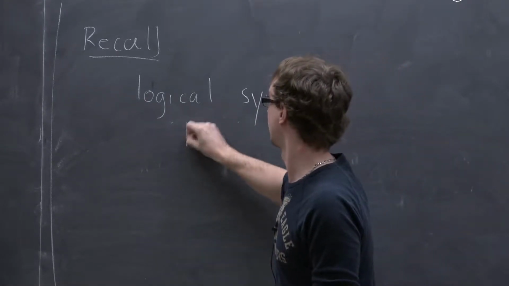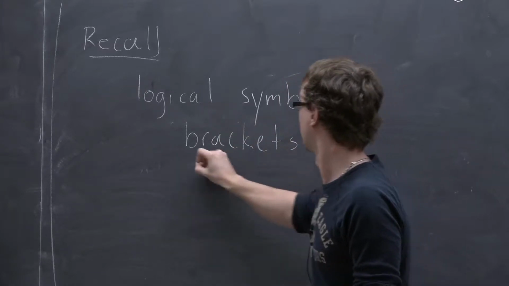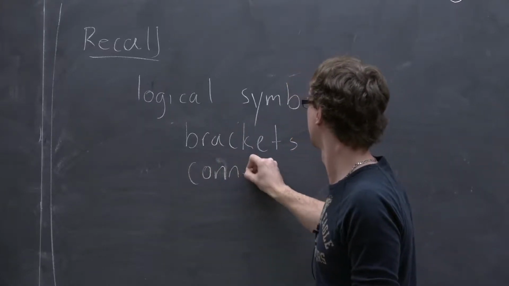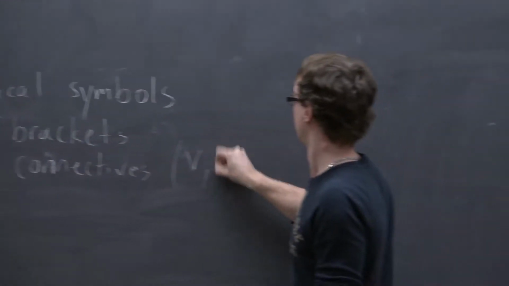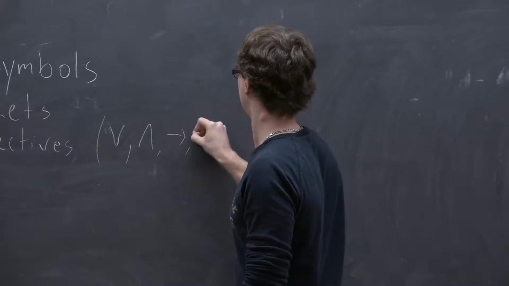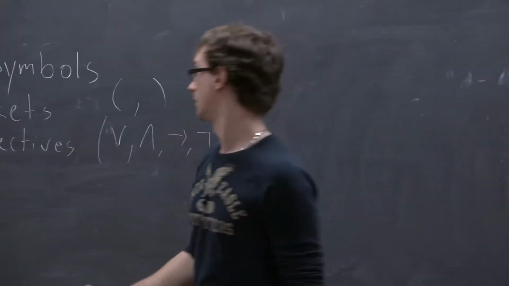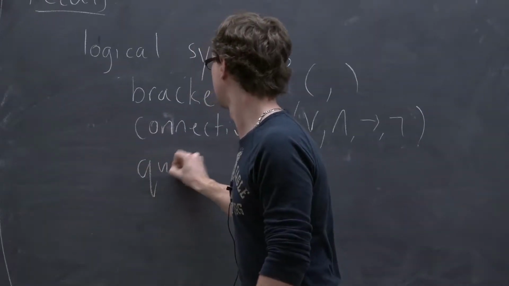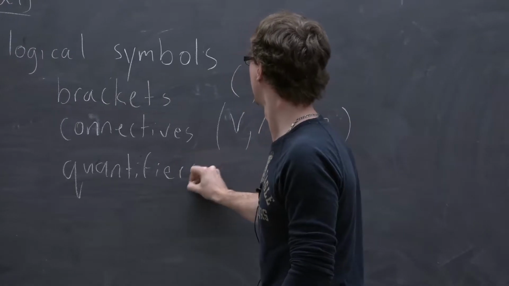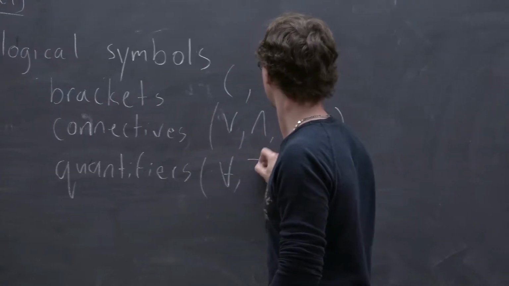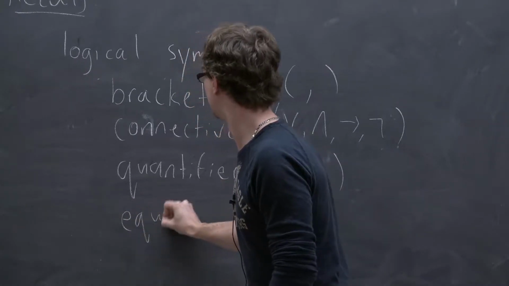And those include things like brackets, our connectives, right? So that's like these guys, and then our brackets. Then we've also got quantifiers, and lastly, we have the special symbol for equals.